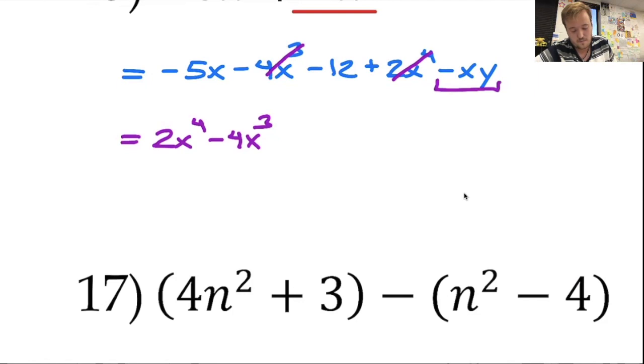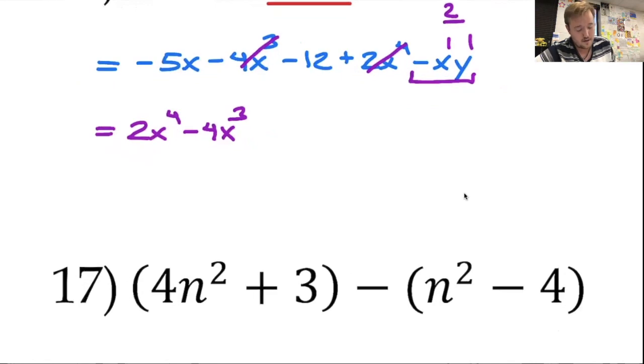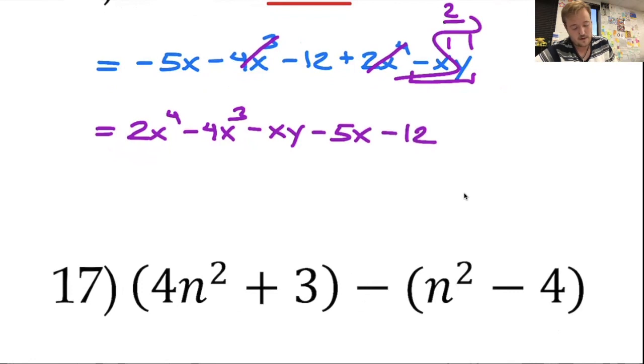Right here. Because they have a degree of 1 and 1 here, they combine, so we actually have a degree of 2 here. So that's your next term. So that one's done. And then we have negative 5x and negative 12. So because of this variable here, that's the next term. And then negative 12.